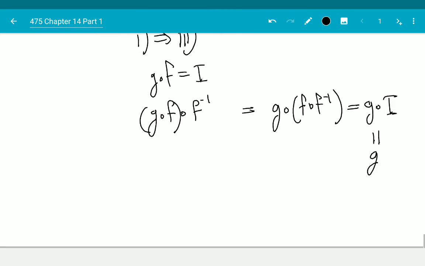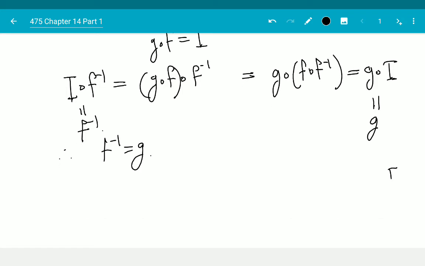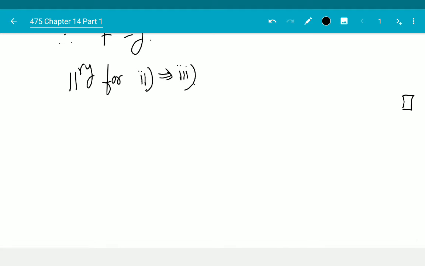But g of f I know is equal to identity. So this is identity composed f inverse, and that means this is f inverse. Therefore, f inverse is equal to g as required, right? And similarly for 2 implies 3. Okay, and so we have shown that there's a unique inverse.